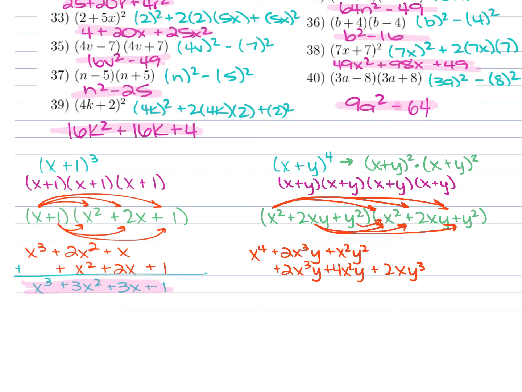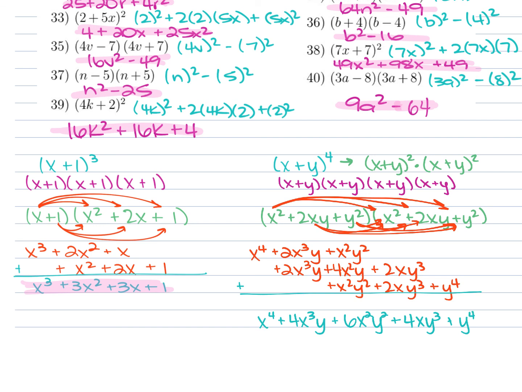Y squared times x squared gives you x squared y squared. The y squared times 2xy is 2xy cubed. And the y squared times y squared is y to the 4th power. So from here, add your like terms. This is going to give you x to the 4th power plus 4x cubed y plus 6x squared y squared plus 4xy cubed plus y to the 4th power.